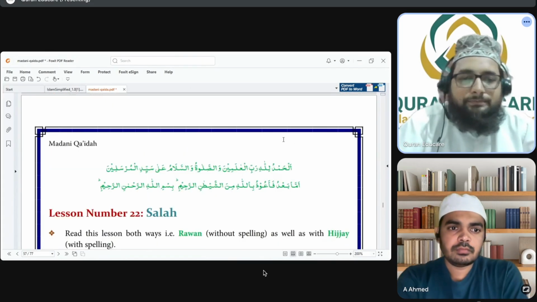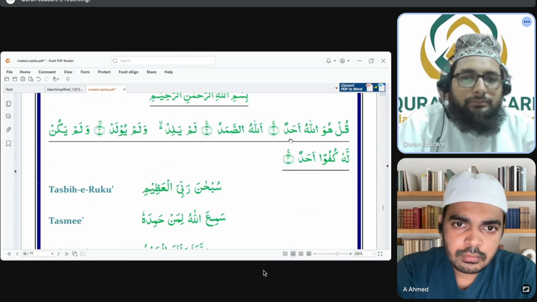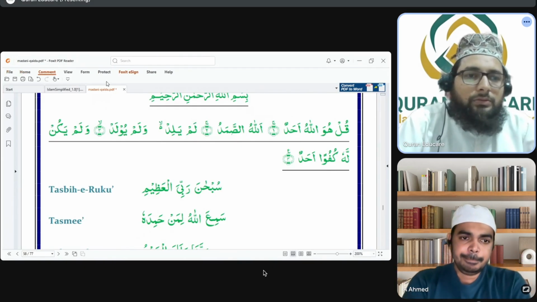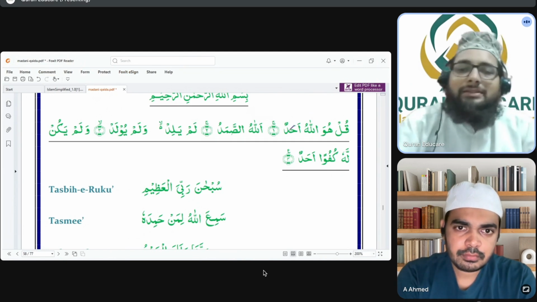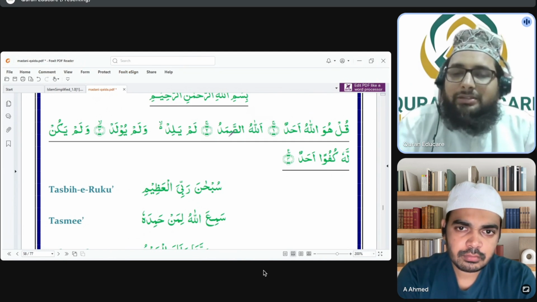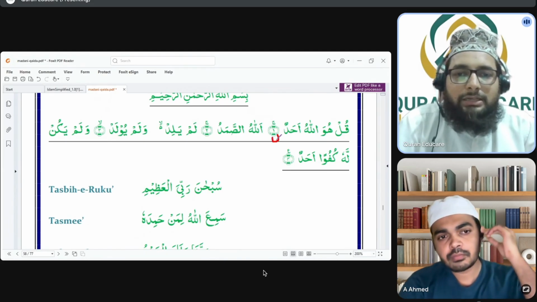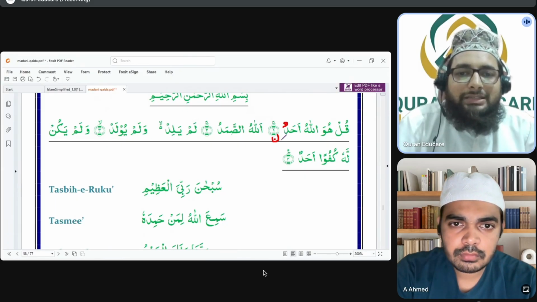So let's see. Here you can see surah Ikhlas. Qul huwallahu ahad, Allahu samad. Normally we read like this, but if we want to read without pausing, we will read like قل هو الله أحد الله الصمد.